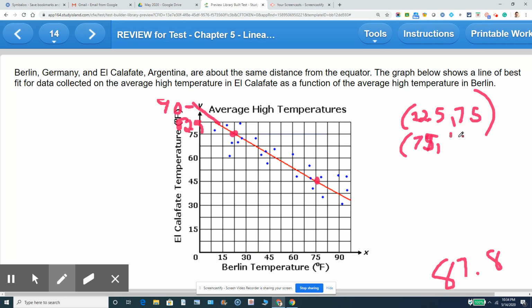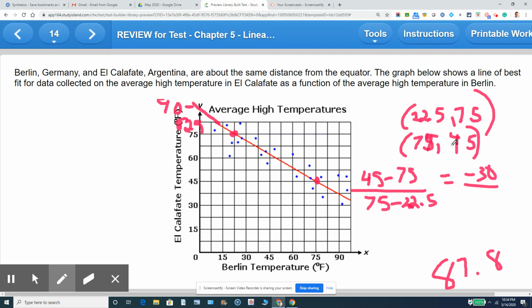75, excuse me. So we would use our slope formula to find the slope. So label your points, x1, y1, x2, y2. So we have 45 minus 75 divided by, so y2 minus y1 over x2 minus x1. So 75 minus 22.5. So in the numerator, we get negative 30, right?